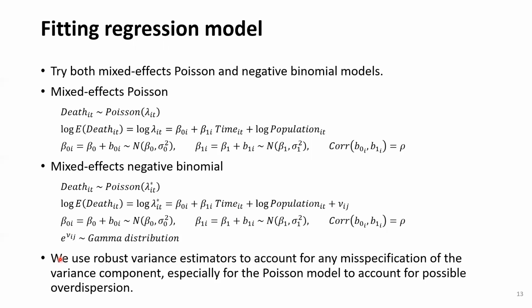And we use a robust variance estimator to account for any misspecification of the variance component, especially for the Poisson model, to account for possible overdispersion. Because in Poisson, we assume that mean and variance are the same, but sometimes there is overdispersion. To account for this, we use a robust variance estimator. We apply this same technique for the mixed effects negative binomial model.